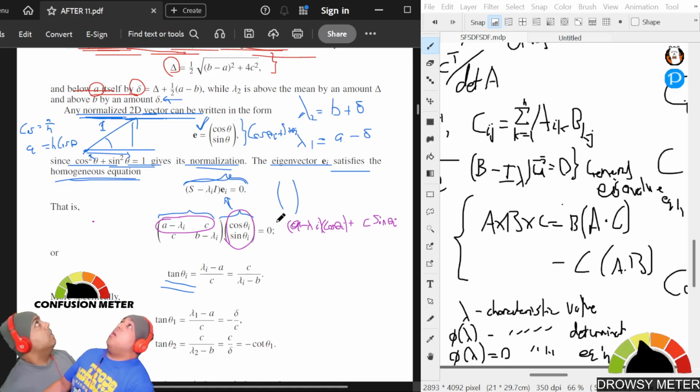That's just, yeah, equals 0, because this is equal to 0, 0, right? And also equal to 0 is this thing: C cos theta i plus B minus lambda i, sine theta i. Tan theta i.